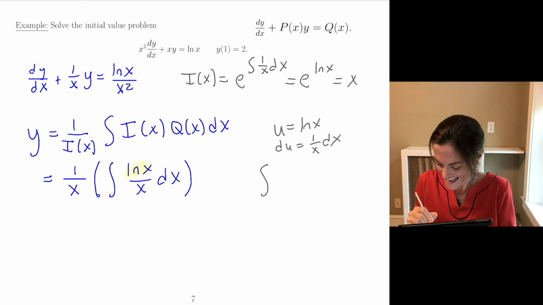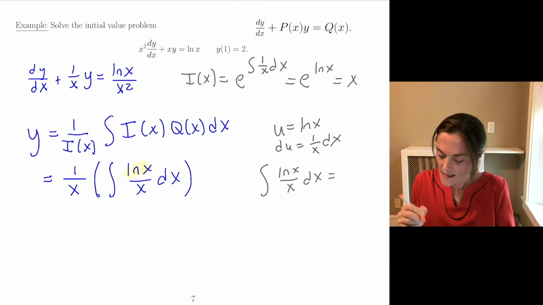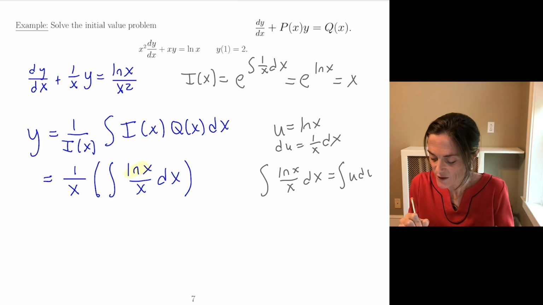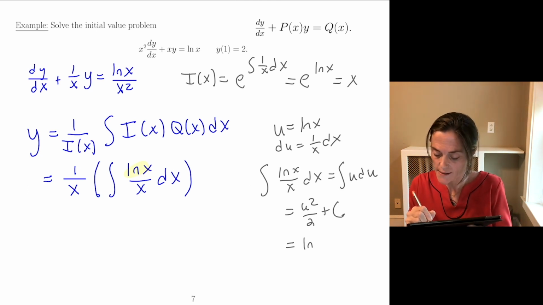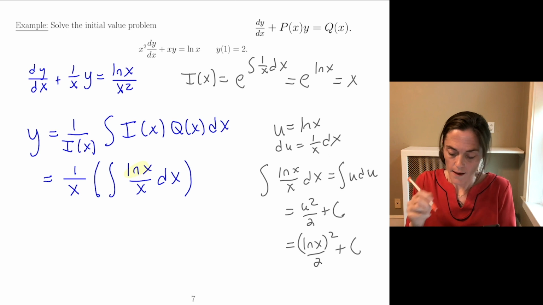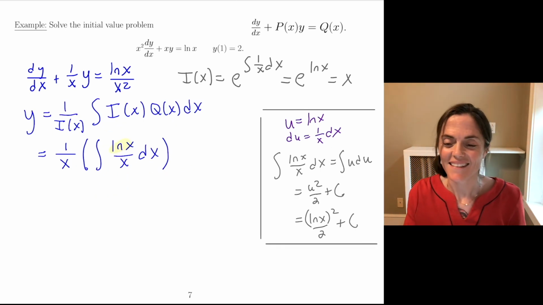The integral, natural log x over x dx. This is an integral, well, it's u du. So I get u squared over 2 plus c. Go back to x. So this will be natural log x squared over 2 plus c. Okay, here's maybe my little box of side work.